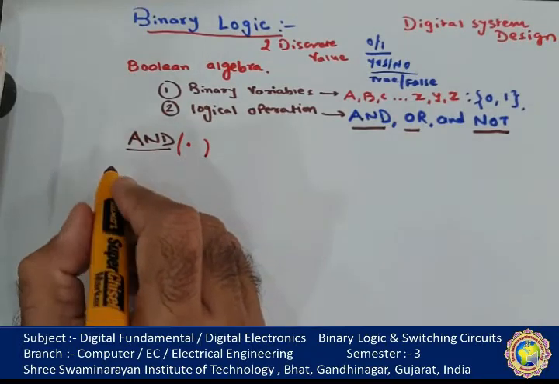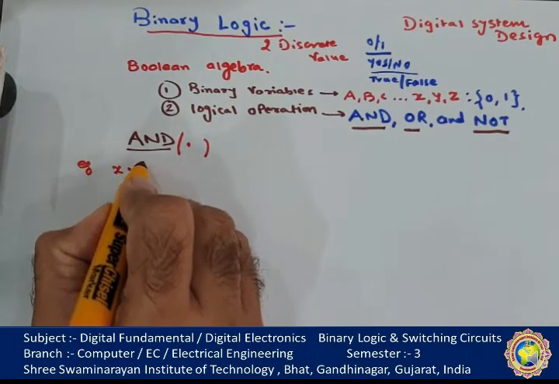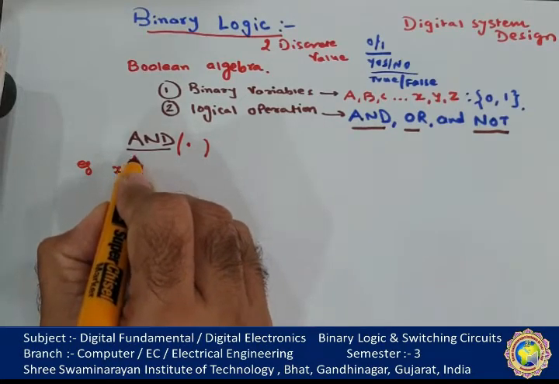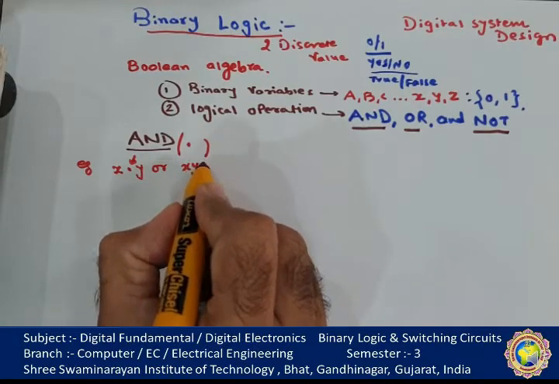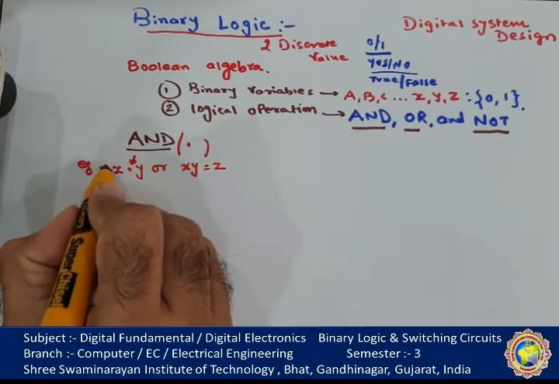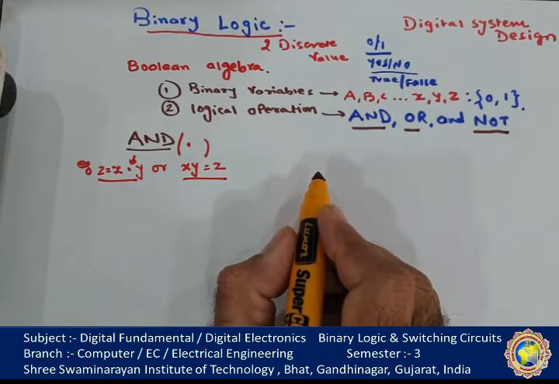For example, the AND of these two: X dot Y, or we can say XY equal to Z. Z is equal to X dot Y or XY. In any way, we can represent the AND operation.